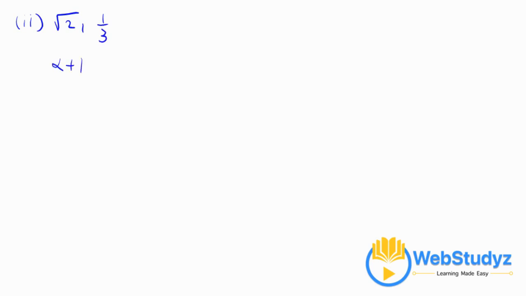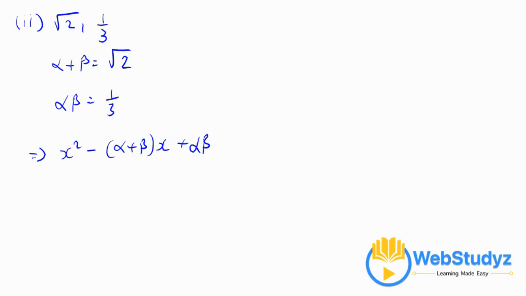Here alpha plus beta is root 2 and alpha into beta is 1/3. So the quadratic equation will be x square minus (alpha plus beta) into x plus alpha into beta equals 0.